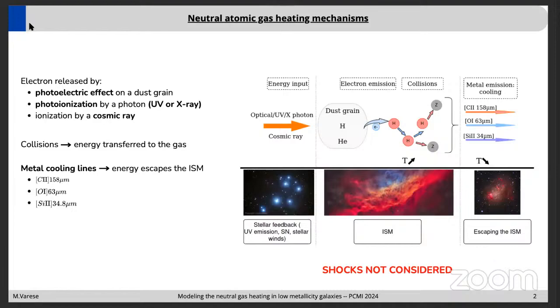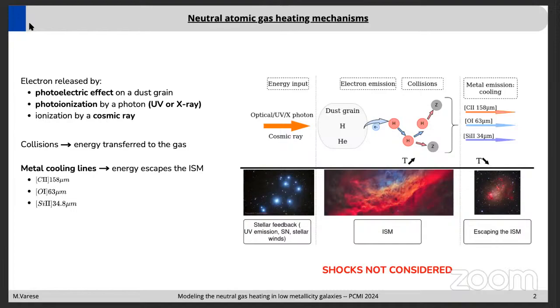So, a quick view of how the gas is heated. You have some kind of energy input, which can be a cosmic ray, or photons, which range from optical to X-ray in energy. It will hit something in your interstellar medium, a dust grain or a hydrogen atom. In both cases, it will release an electron, which will collide with a hydrogen atom, and so you heat the gas.